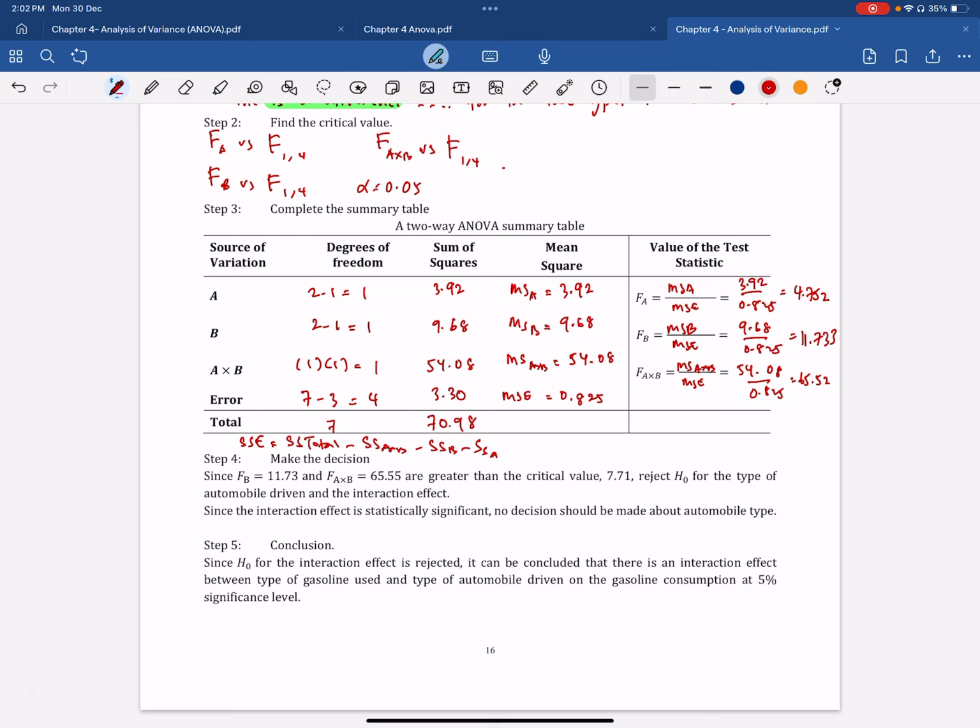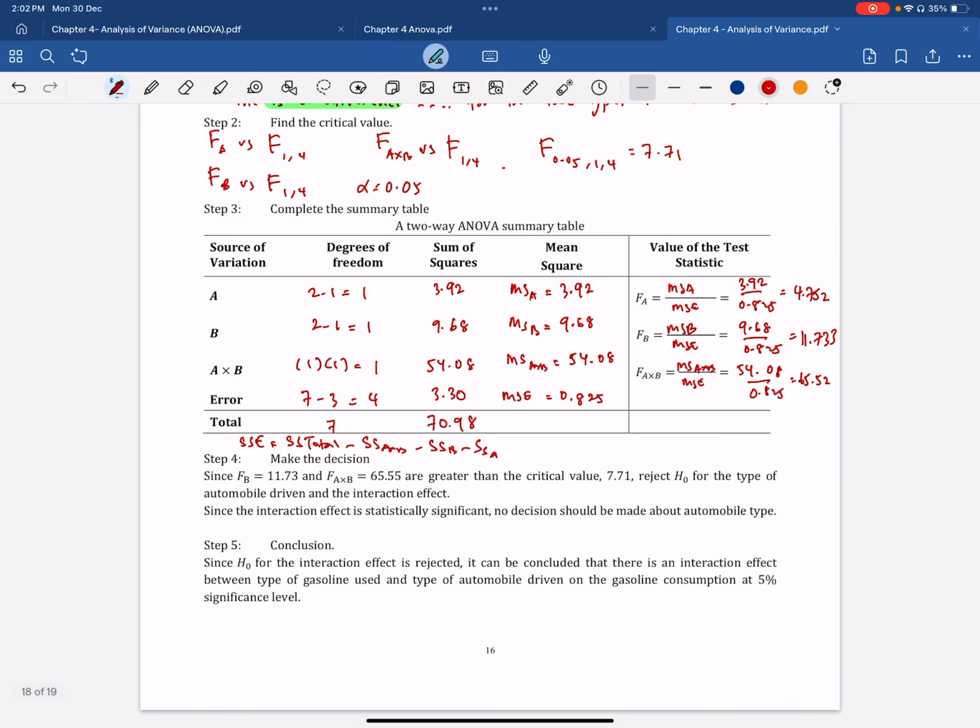So the critical value F 0.05, where V1 is 1 and V2 is 4, equals 7.71. You can check with the table.